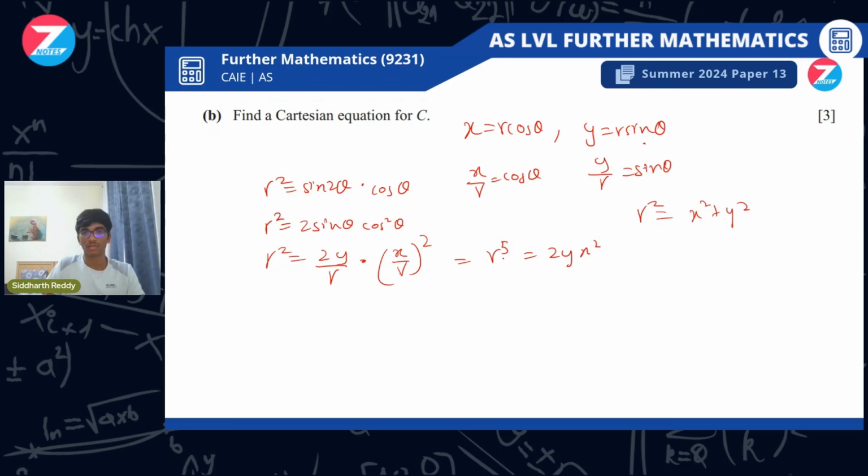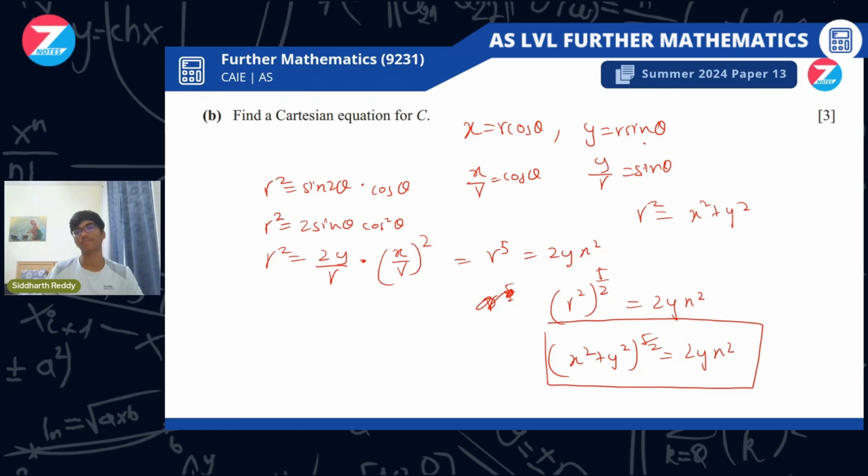So this r to the power 5 we can write as r square to the power 5 by 2 is equal to 2yx square. So x square plus y square to the power 5 by 2 is equal to 2yx square. So this is the final equation.